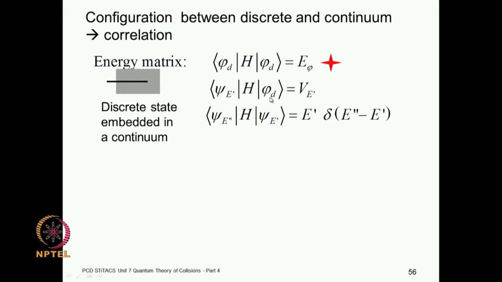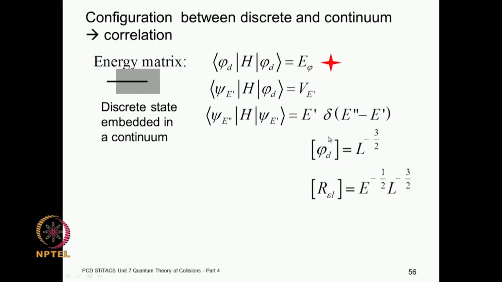When you have one in the discrete and the other in the continuum, then you have V e, and then here this is just the matrix element of the Hamiltonian in the continuum states. So, this will have a delta function popping up, because both of these energies are in the continuum. So, this is now the framework of the energy matrix.